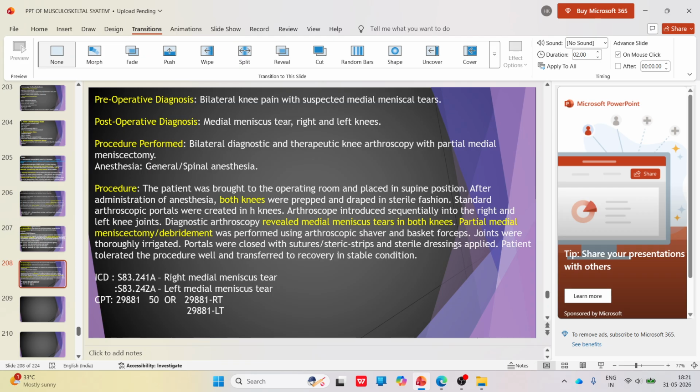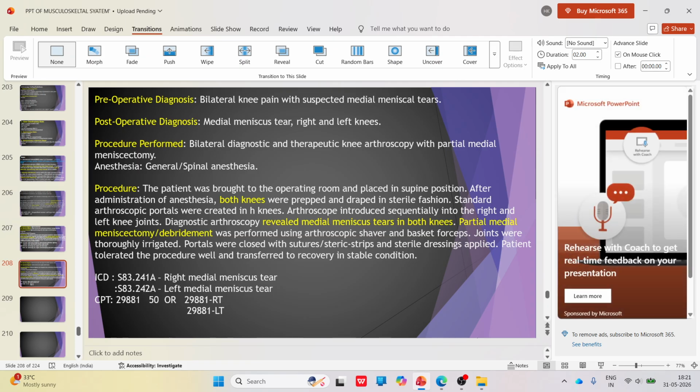Standard arthroscopic portals were created, and the arthroscope was introduced into the right and then the left knee joint. Diagnostic arthroscopy revealed a medial meniscus tear in both knees, and partial medial meniscectomy was done. Debridement was performed using the arthroscopic shaver and basket forceps, joints were thoroughly irrigated, portals were closed and sterile strips and dressing applied. The patient tolerated the procedure and recovered in stable condition.